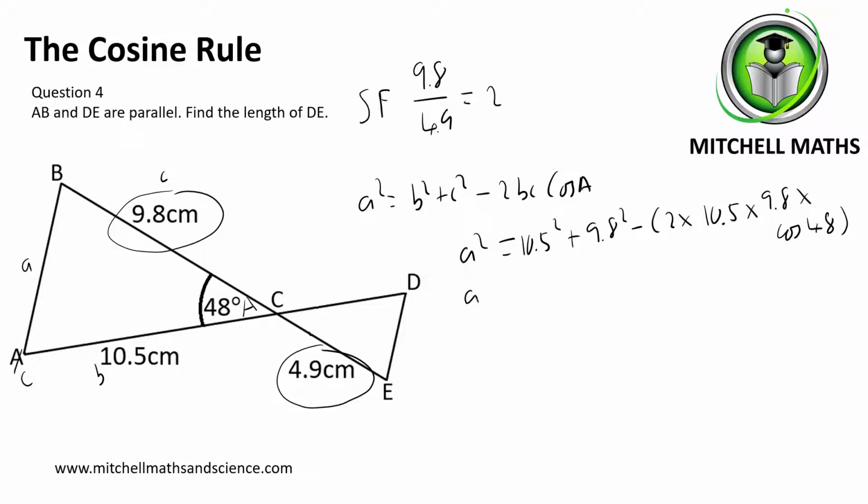And that gets you A squared equals 68.6. To find the side A, to find AB, I need to do the square root of 68.6, which will get me 8.28.